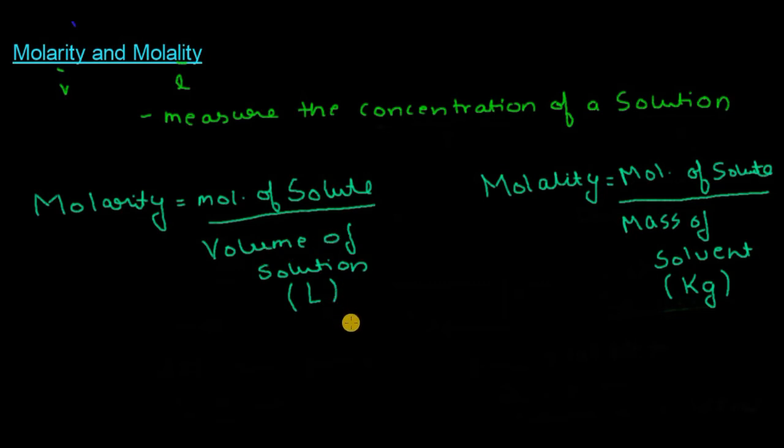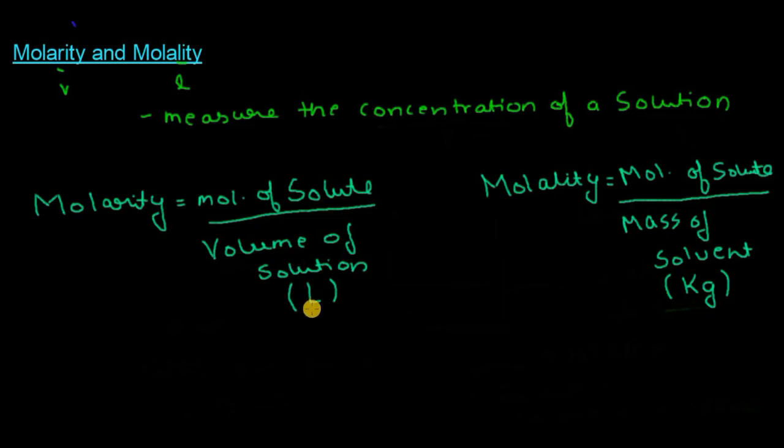So once you add salt, you check the volume, and that volume you're going to write here. You're going to consider the volume of salt molecules also in molarity. But in molality, you're considering only the mass of solvent. So when you're taking water, you're going to measure the mass of water alone without adding salt.